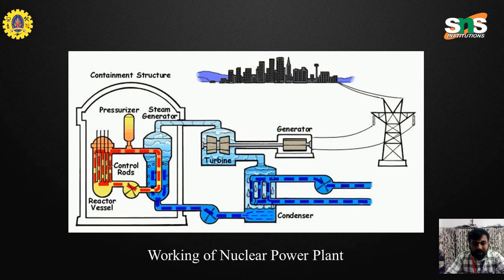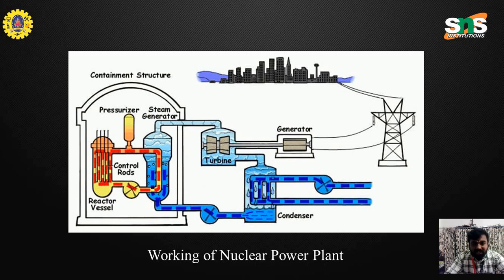The coolant oil or cooling water is passed into this nuclear reactor. Because the nuclear fission reaction takes place inside the reactor, a high amount of heat energy is produced. The coolant absorbs that heat energy from the nuclear reactor and passes into the steam generator.